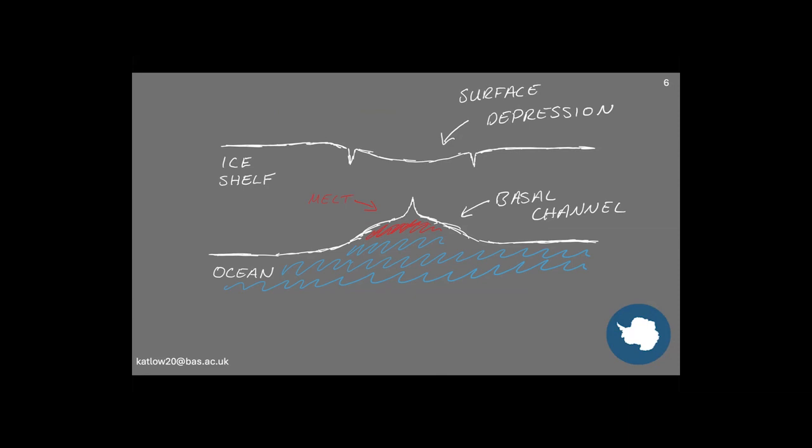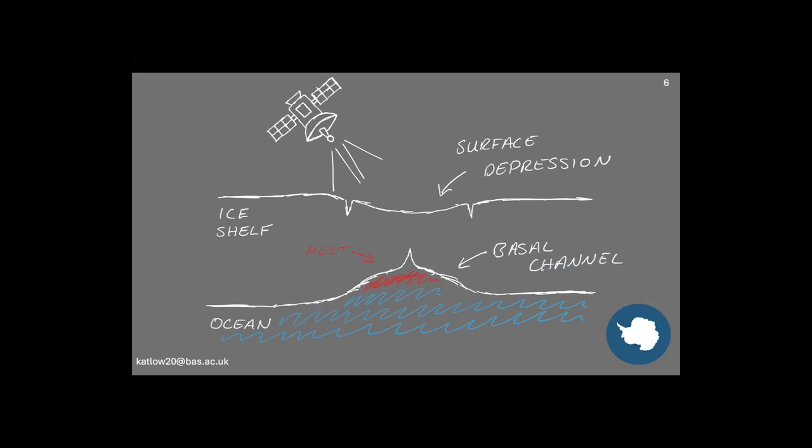And at present, we don't really have a fantastic understanding of that, and that's largely through limitations in previous observations, which have meant that we have this trade-off between spatial and temporal resolution. And as these channels are only a few kilometers in width, we have no current time series of melt rates on a channel scale.